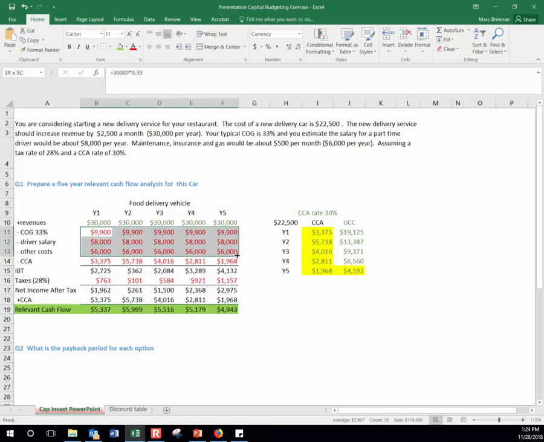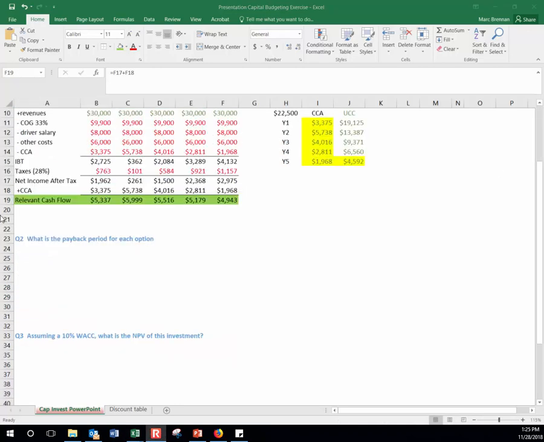Once we account for all the costs, subtract the CCA to find out our income before tax, we then took away the tax and then added back the CCA once we've got our tax break for the CCA. Now we have our relevant cash flow for all 5 years. But these are all in future dollars, so we're going to have to do something else in a second.